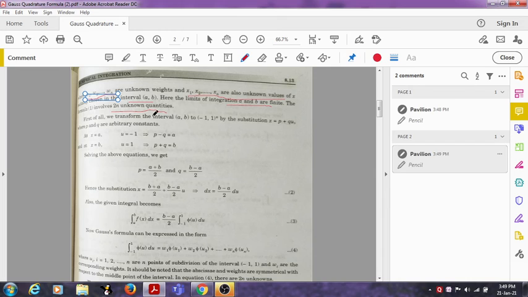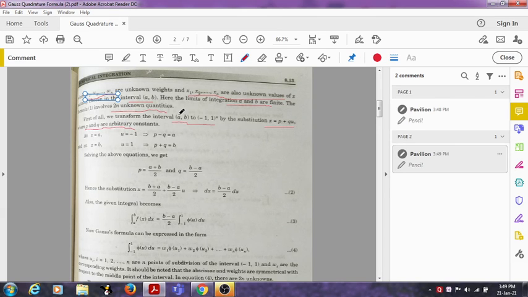To solve a problem using Gauss quadrature formula, first we transform the interval a to b to the interval -1 to 1, using the substitution x = p + q u, where p and q are arbitrary constants.